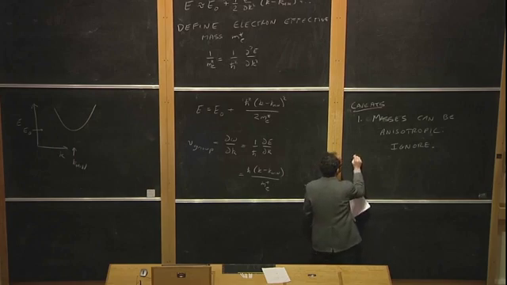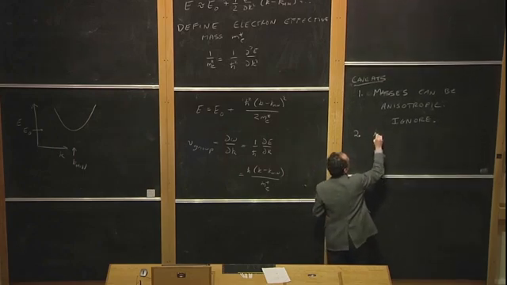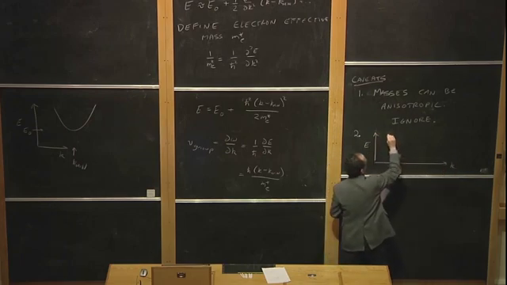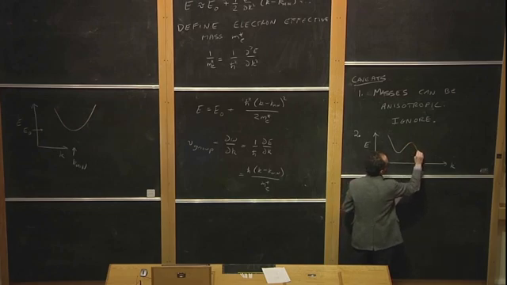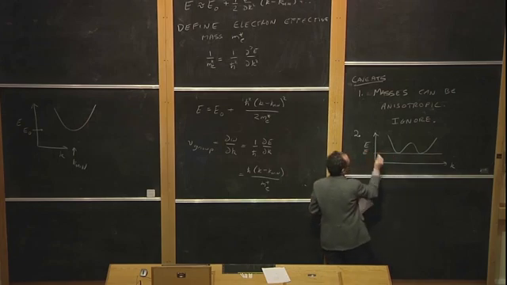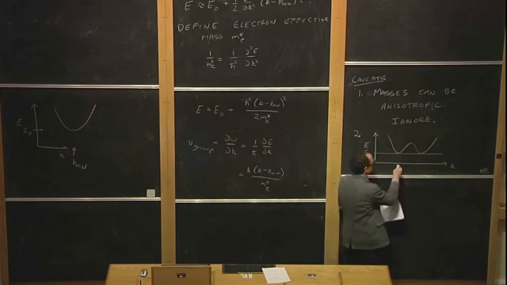The second complication that you should be aware of is that if you plot E versus K, you can have a situation where there are two minima that occur at exactly the same energy. So the minimum of the conduction band can occur at two places in the Brillouin zone, K1 and K2.